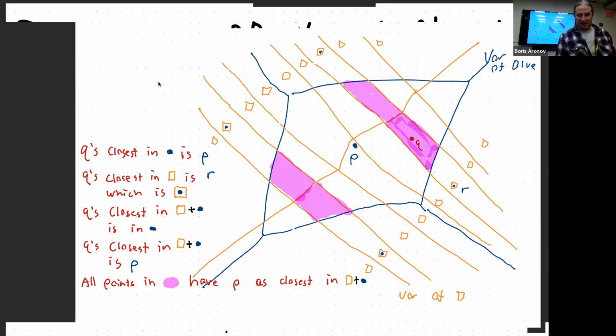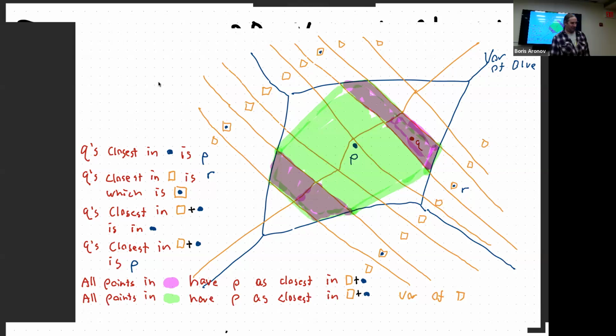So not only that and that, but all of these have this property. So if you find yourself in this region, you can ignore the orange points, all right? Because you know this blue point is closer than any orange.